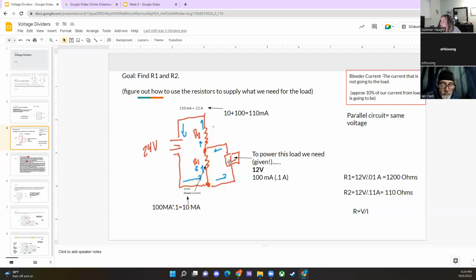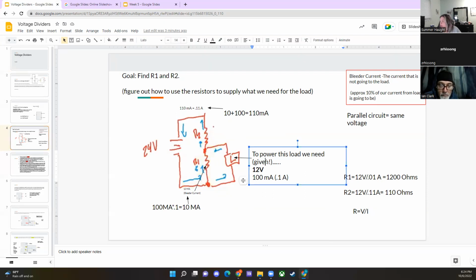In this example, they gave us a voltage divider situation with a 24-volt battery. That's what's given here. He drew in blue the arrow locations, which you should already know: our electrons are flowing from the negative end here. Some are going to go this way, some are going to go this way, and then they meet back up here and loop back around to the end of the circuit. We were also given the parameters for the load. In order to power this load, you will need 12 volts and 100 mA, which is 0.1 amps.